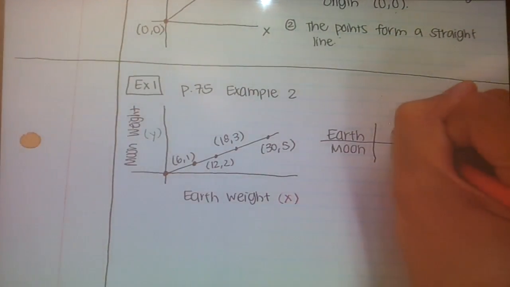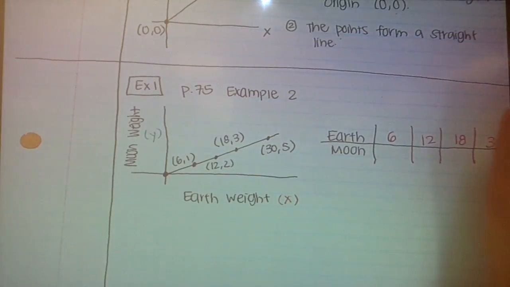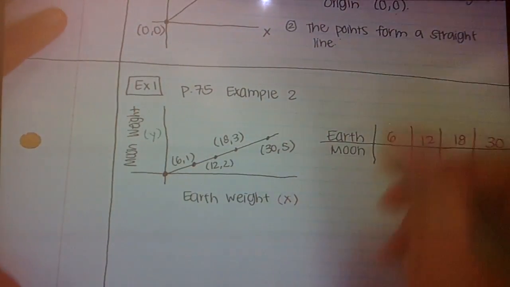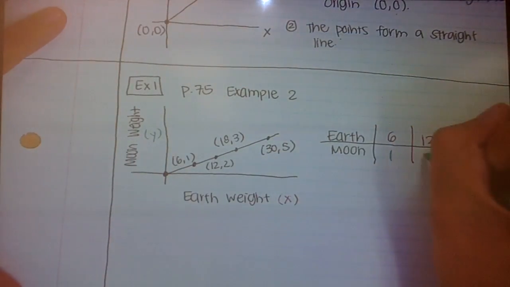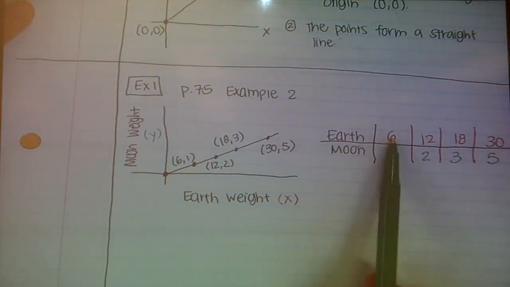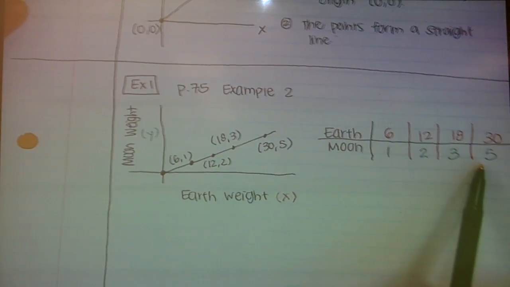So if I have 6 pounds on Earth, 12 pounds on Earth, 18 pounds on Earth, and 30 pounds on Earth, those are the same as 1 pound on the moon, 2 pounds on the moon, 3 pounds on the moon, and 5 pounds on the moon. So I had 6, 1, 12, 2, 18, 3, 30, 5.